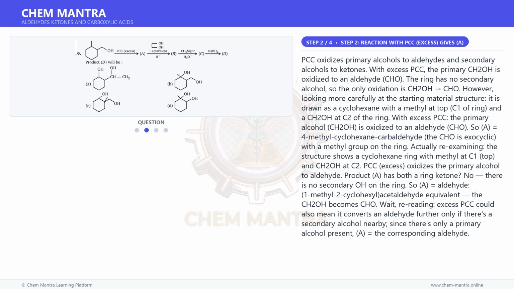So, A is the aldehyde, the CH2OH becomes CHO. Wait, rereading, excess PCC could also mean it converts further only if there's a secondary alcohol nearby. Since there's only a primary alcohol present, A is the corresponding aldehyde.